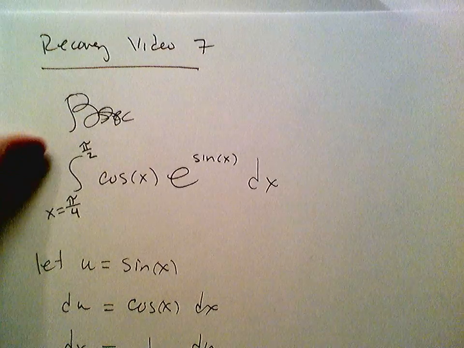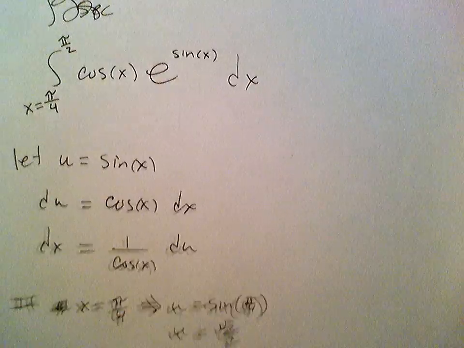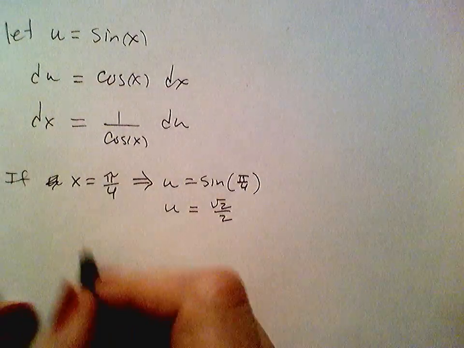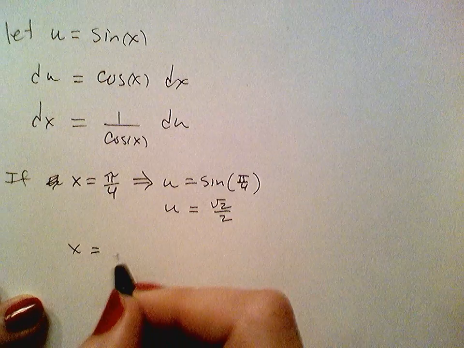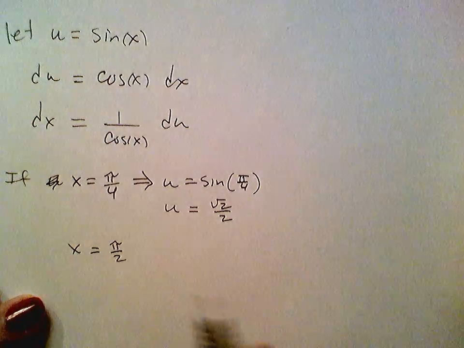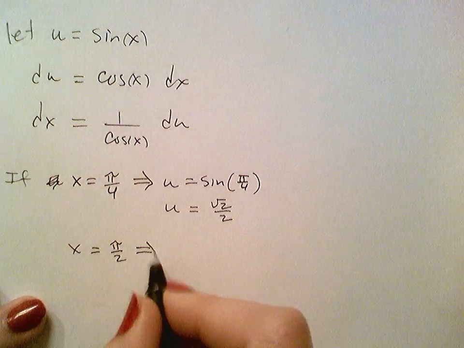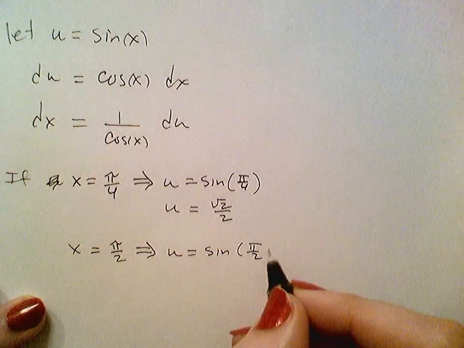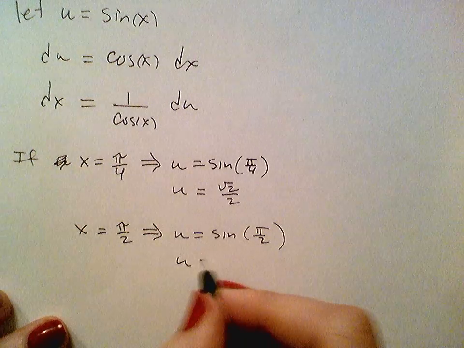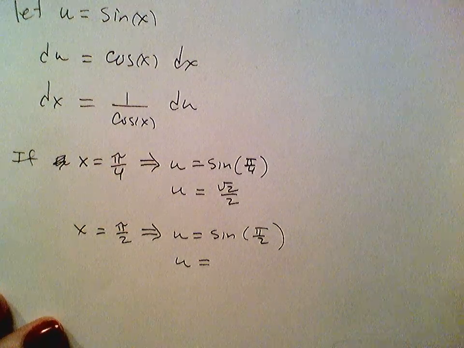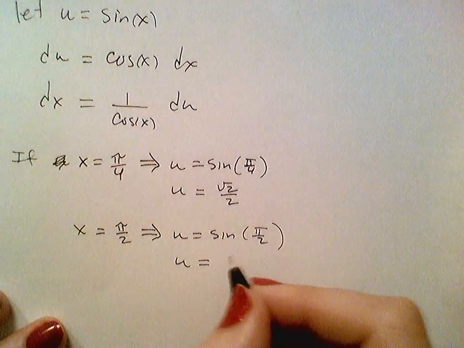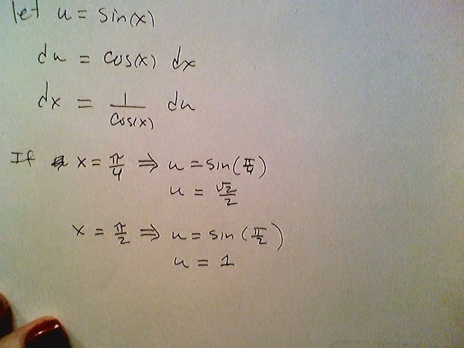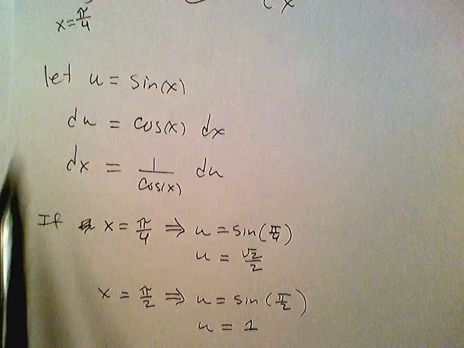Now I have to change the upper limit as well, which is pi over 2. So I have to say to myself, if x equals pi over 2, then U is equal to sine of pi over 2. So in this case, for the upper limit, U will be 1. Okay, so now I've done all of this side work.